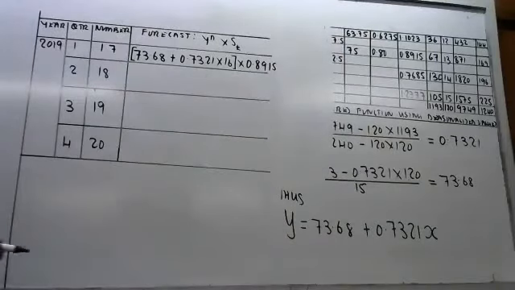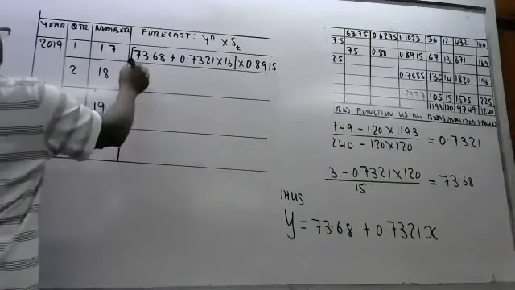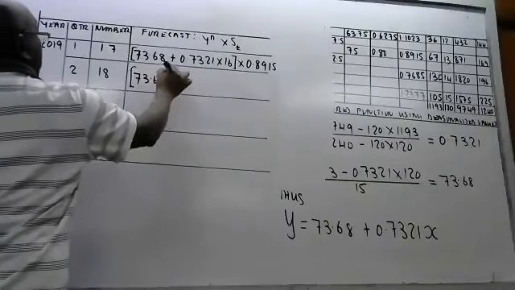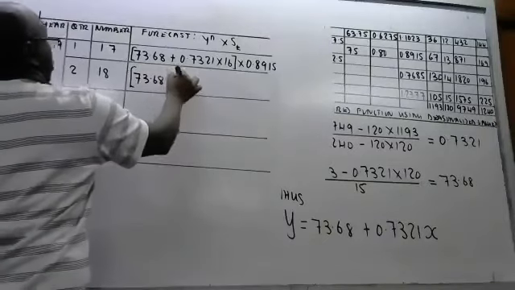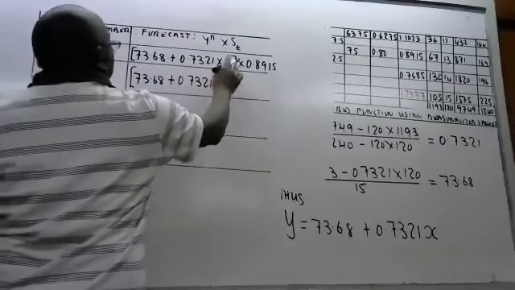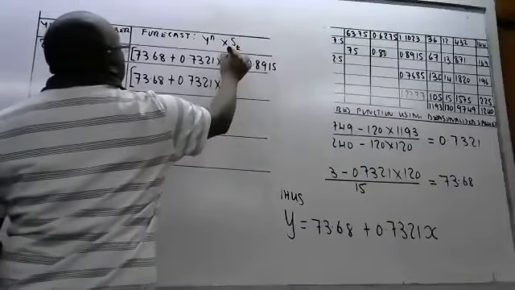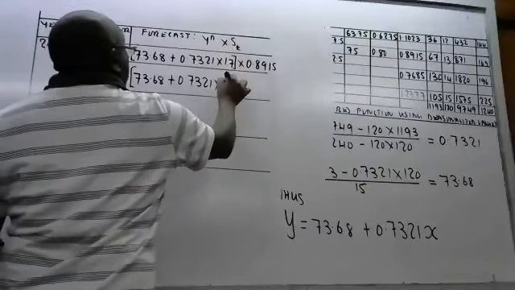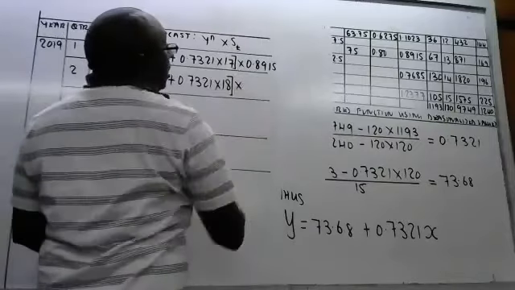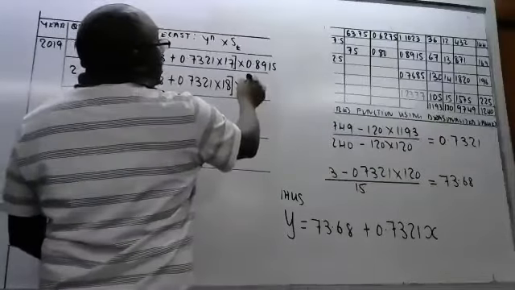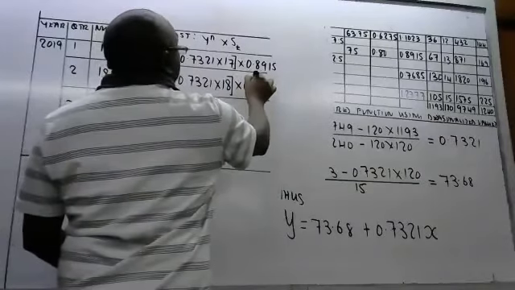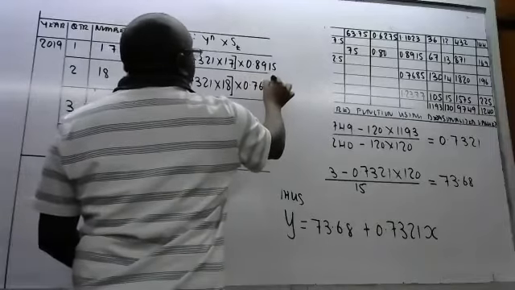Then you do the same thing here: 73.68 plus 0.7321 multiply, sorry, this is 17, not 16. Multiply by 18. Then you multiply by the quarter index, which is 0.7685.